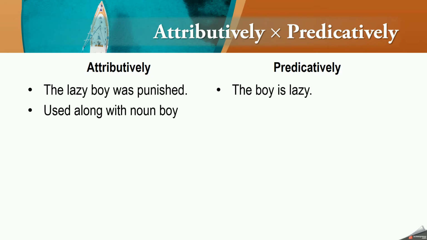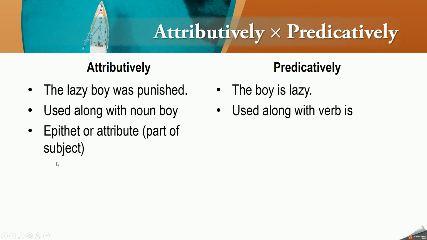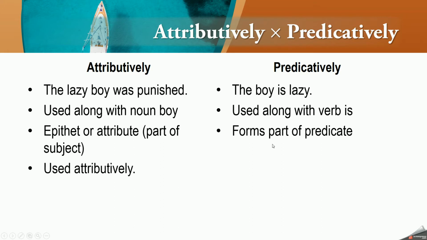Here lazy is used along with the noun boy, and here it is used along with the verb. So here lazy is used to describe the boy, that is the noun, and here the word lazy is used along with the verb. Here it is a part of the subject, also known as epithet or attribute, whereas here it is a part of the predicate. Here it is used attributively, here it is used predicatively.